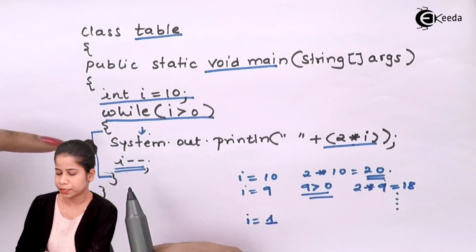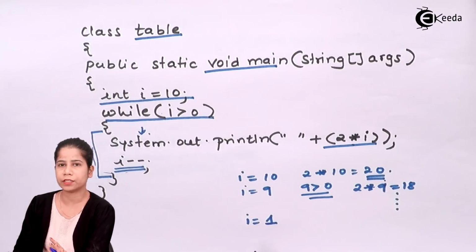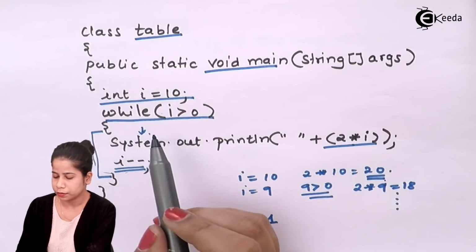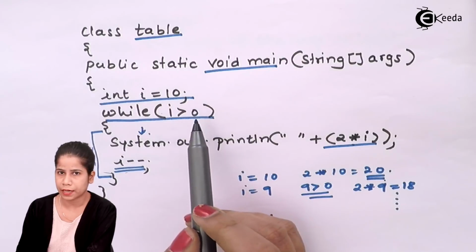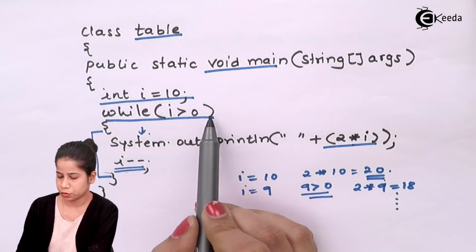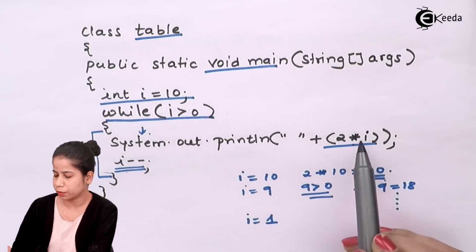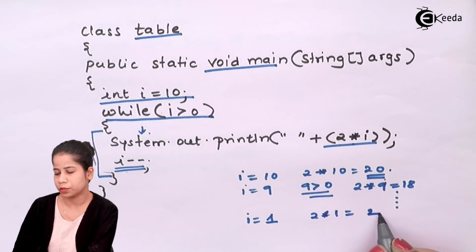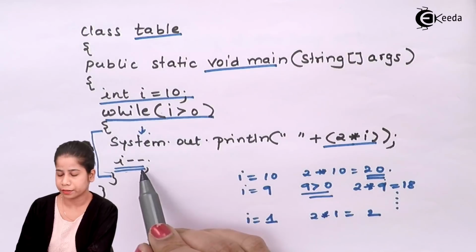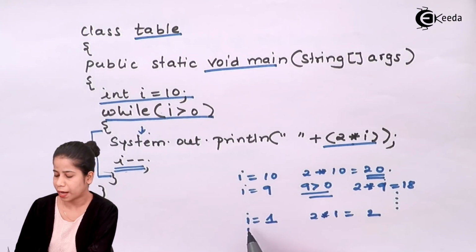Okay, so let's check it out. What will happen if I is 1? Is I greater than 0? Yeah, it's still true. So it is going to multiply. 2 into 1 will give me 2. After that I will decrement. So what will be the value of I?